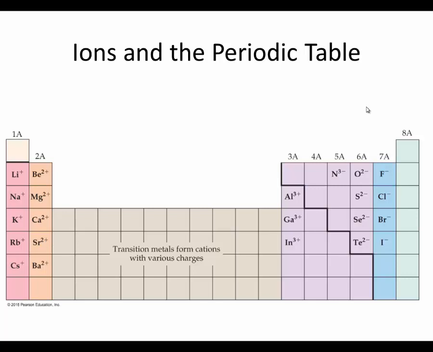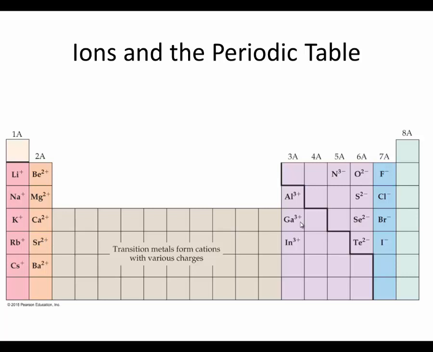Okay, so here gallium, Ga +3. So if you look at aluminum and you go down, you have Ga with a +3 charge. And then somebody pick a non-metal. Oxygen. So oxygen has a -2 charge.